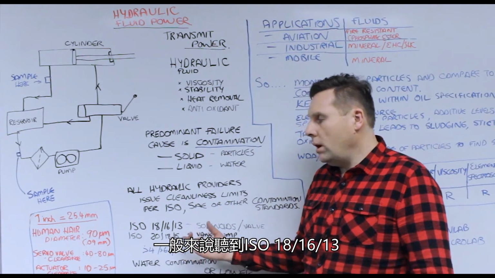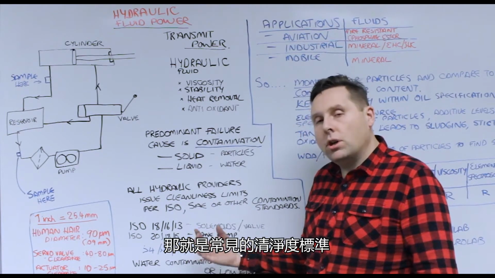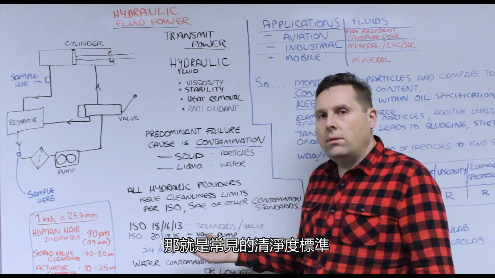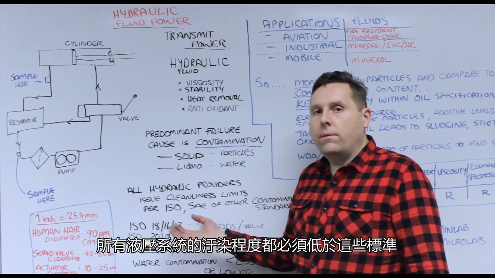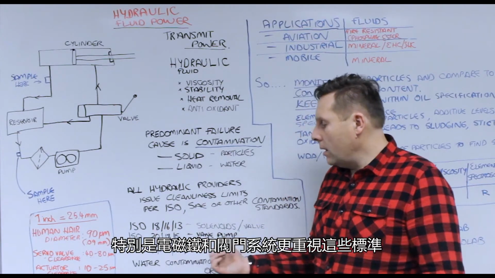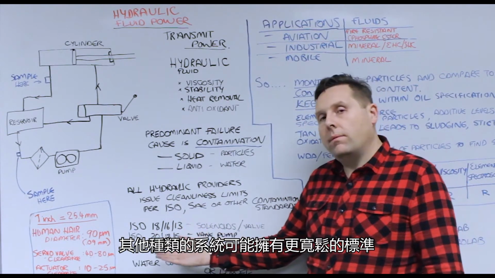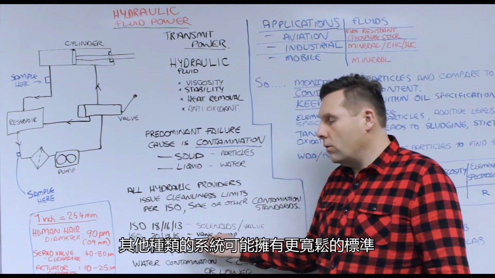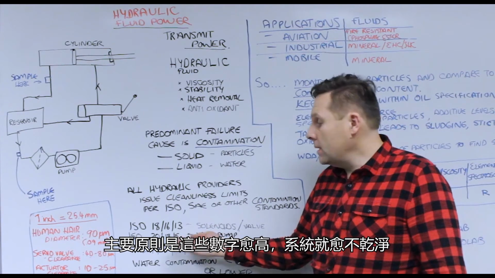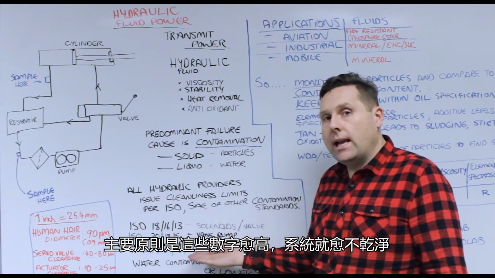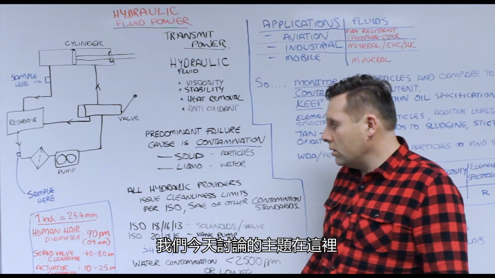So typically if you hear of ISO 18/16/13, that is pretty much a common cleanliness standard that all hydraulic systems need to be below for proper operation. That's important particularly for solenoids and valve systems, and other types of systems may allow for more relaxed levels. A rule of thumb is that the higher the number in all of these classes, the dirtier the system is.